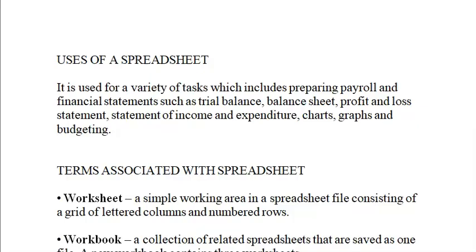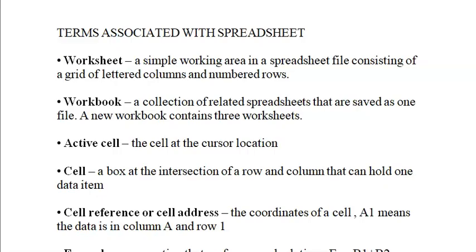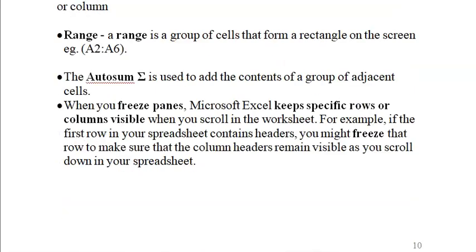Now, there are various terms that are associated with spreadsheet, and I'm going to be moving back and forth with these definitions and looking at an actual spreadsheet for you to get a better understanding of what those definitions represent. All right, so we have a worksheet. It says that a worksheet is a simple working area in a spreadsheet file consisting of a grid of lettered columns and row numbers.